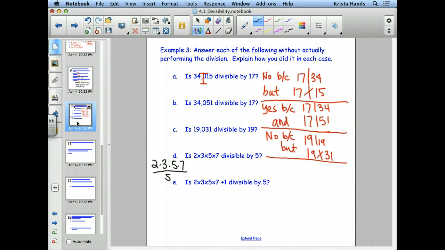You'd cancel out the 5s and you'd have no fraction left, right? You'd have a whole number left, right? It has that same feel to it, it's the exact same reason. So is this one divisible by 5? The answer is yes, because what it means to be divisible is that 5 is a factor of 2 times 3 times 5 times 7.